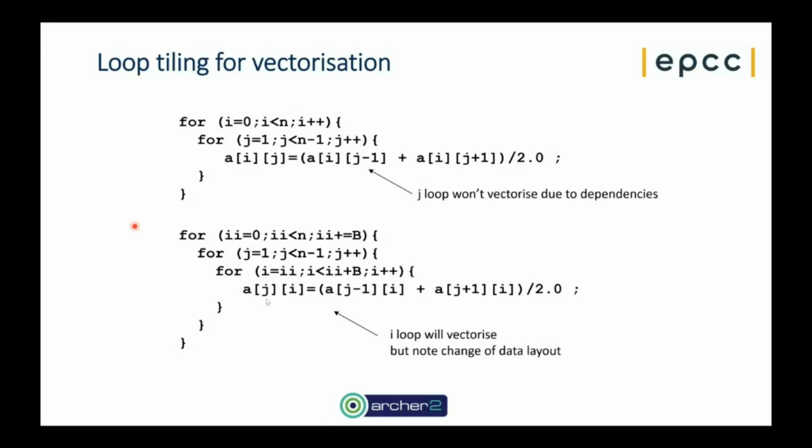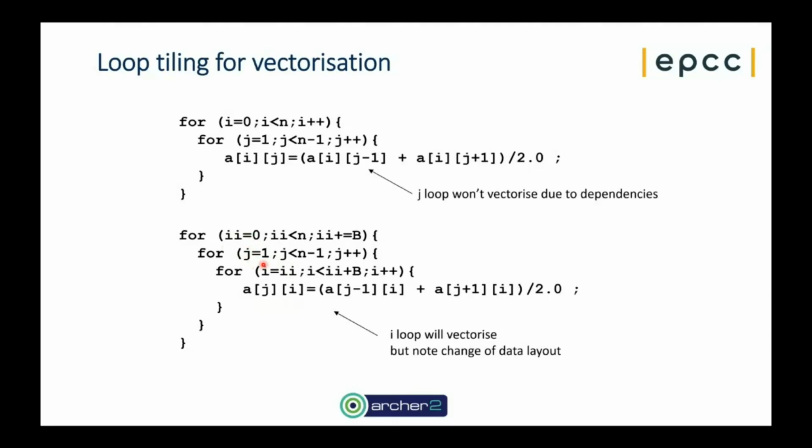This is also an example of doing the same kind of thing, but for vectorization, so you can do a bit of tiling for vectorization here as well. So in this top example, because you depend on the previous iteration of aij, so aij minus 1, it won't vectorize this because the compiler sees these dependencies here, but you can reorder the loops here, which is now the non-nice order for caches.